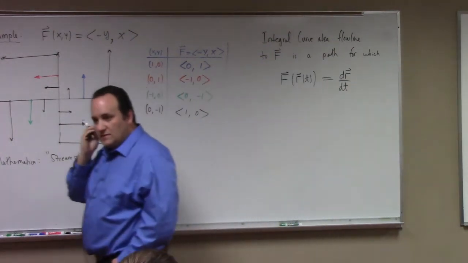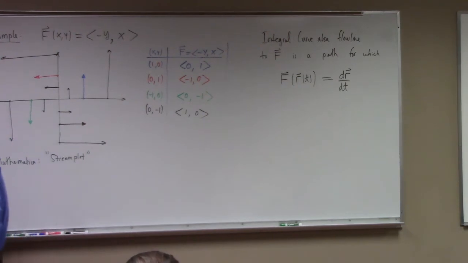What this means is that the given vector field along the curve reproduces the tangent vector field to the curve. This equation means that the integral curve lines up with the vector field, wherever it is, right?